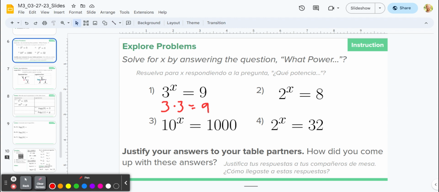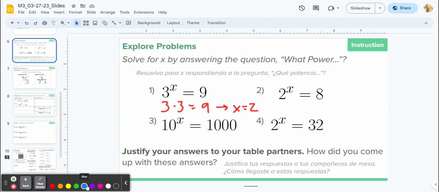And so in that case, my x would have to be equal to 2. 3 to the second power equals 9. So think through the rest of these 3 problems. Try them on your own, then pause your screen, come back, and make sure that you can justify your answers, either in writing or out loud.